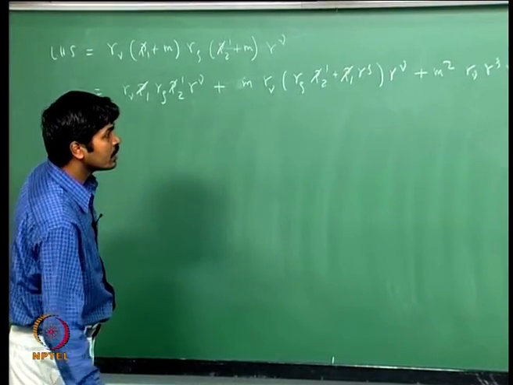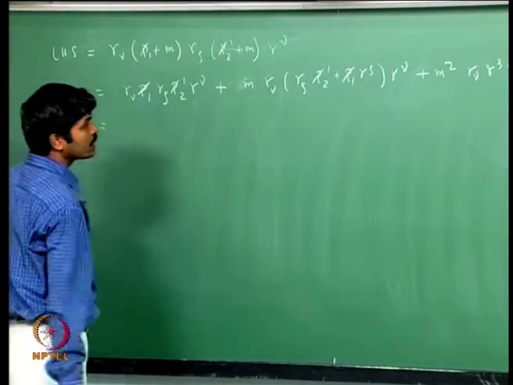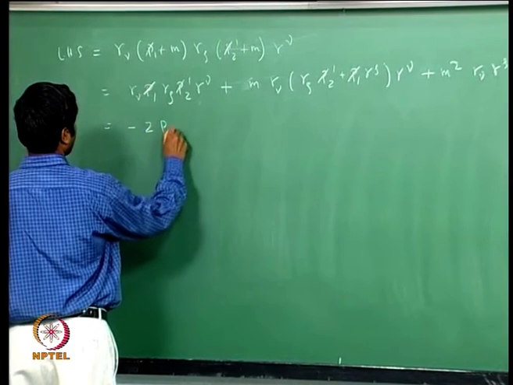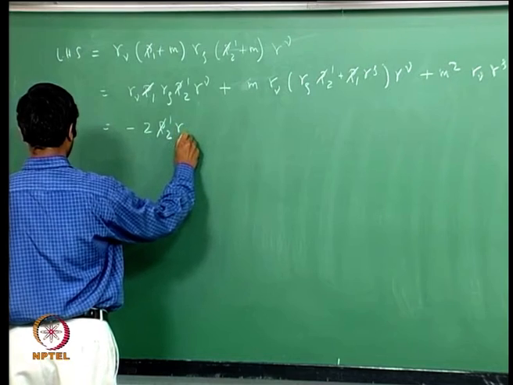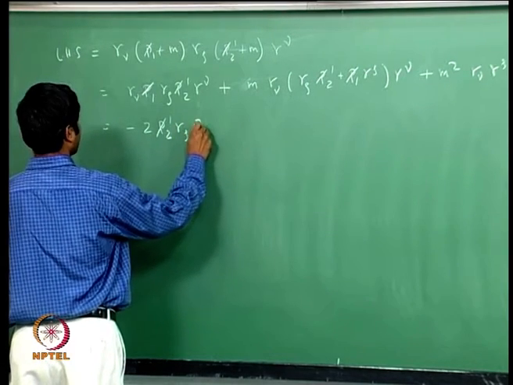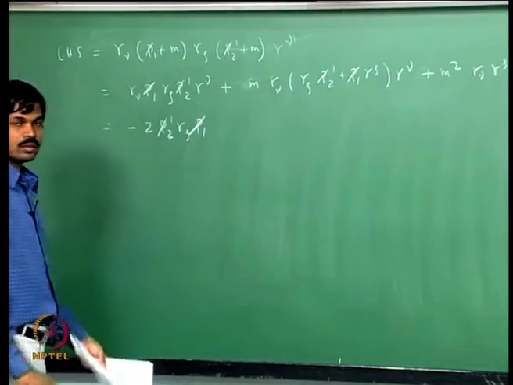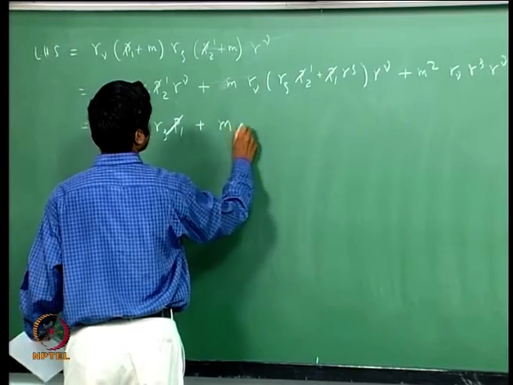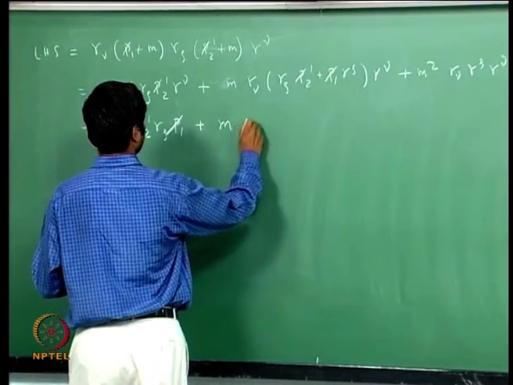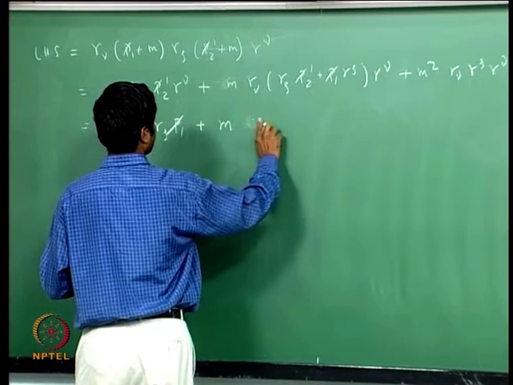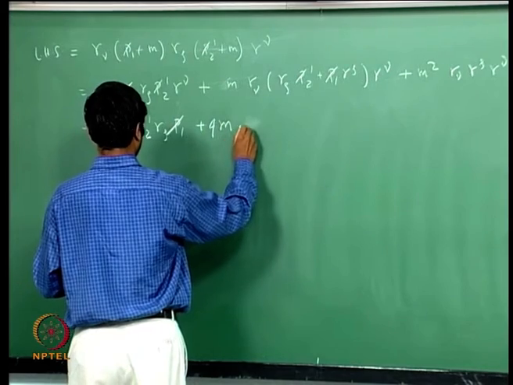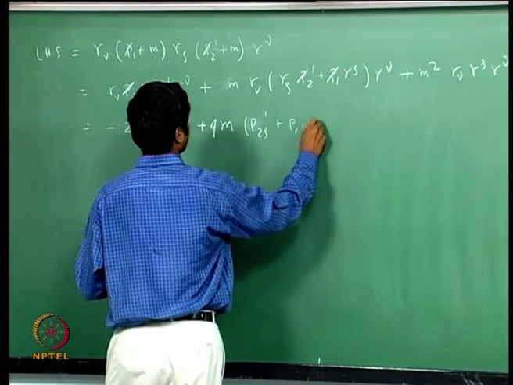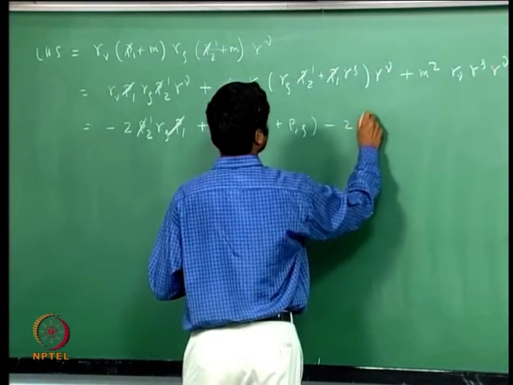So, this will simply tell me that this is nothing but minus 2 p2 prime slash gamma rho p1 slash, and this term here will tell me that this is m times 4 p2 rho prime plus p1 rho, and this one minus 2 m square gamma rho.